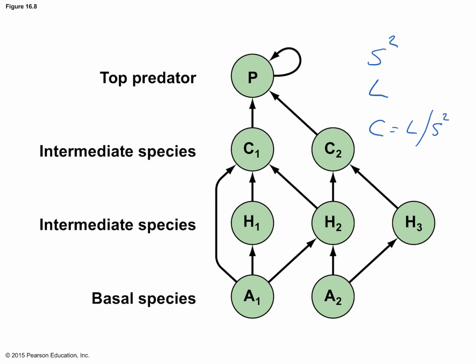Okay, it's just one way to sort of measure something about the structure of the food web. All right, so let's say, for example, we had our species richness of 7, okay? And let's say that the number of links that we actually have is 8.